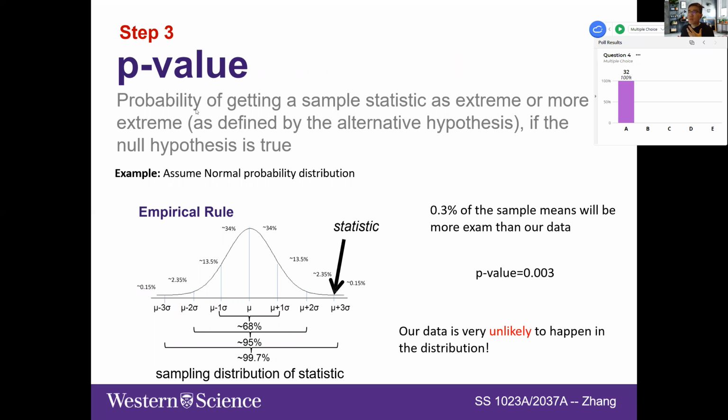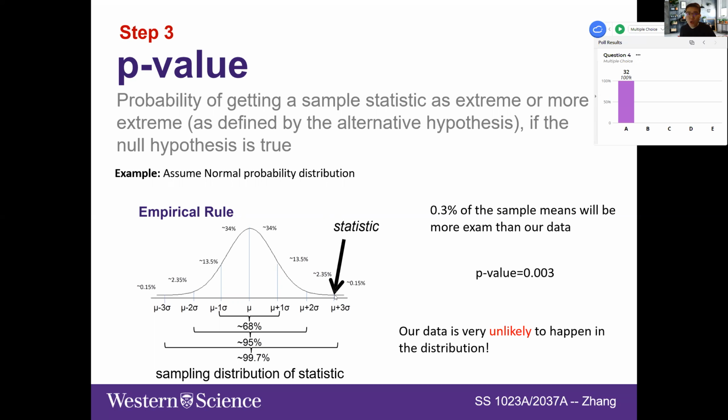The p-value is the probability that we get another sample which is more extreme than our statistic, right? So what is the region where we get a more extreme value? It is either greater than our current statistic or located smaller than mu minus 3 sigma. So this region is also more extreme than our statistic.